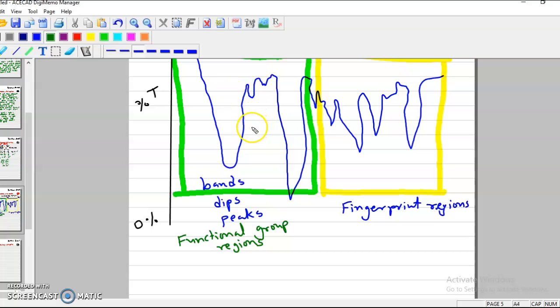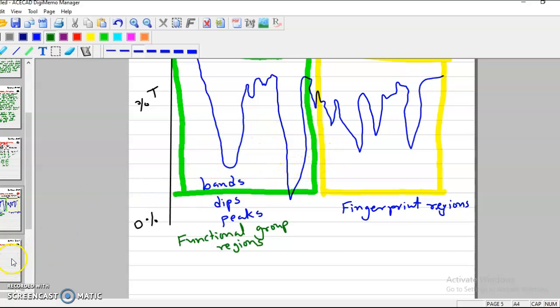So we can identify the presence of certain functional groups from this part. The fingerprint region will be difficult to interpret, but still there are certain locations which are very identical. So this is regarding the graph which we observe in infrared spectra.